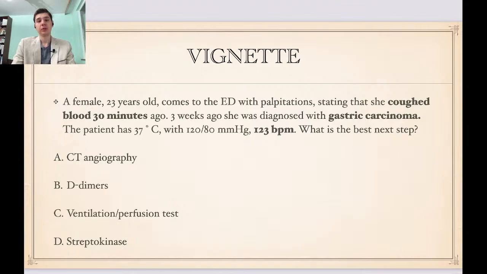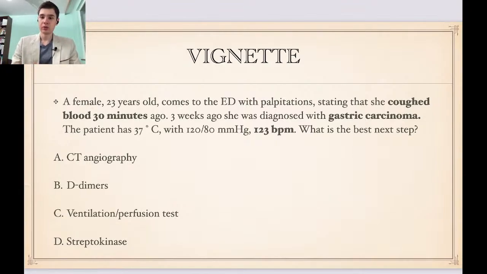When evaluating a suspected pulmonary embolism, we assess the probability based on Wells criteria. If the Wells score is less than 4, then we will opt for D-dimers due to their higher specificity and lower sensitivity, as well as their cost efficiency.